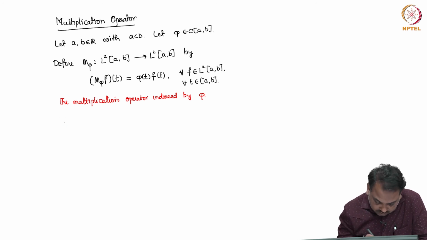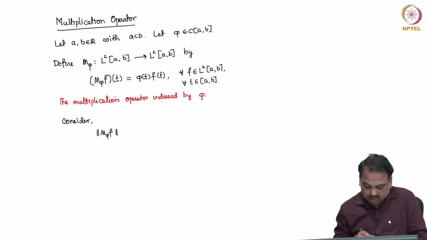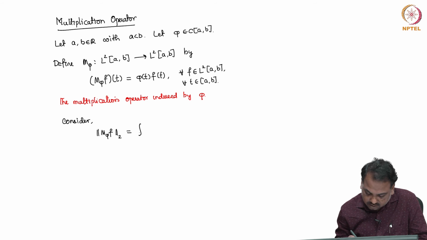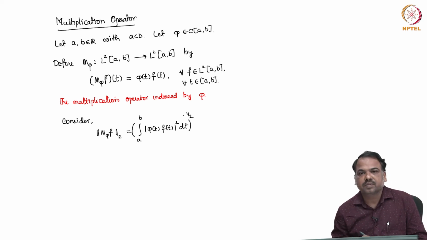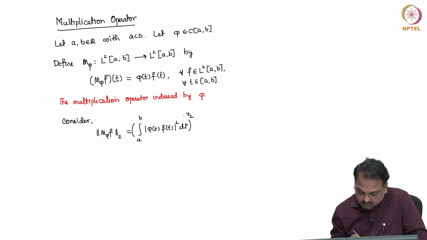To find the norm, we want to consider the norm of M phi acting on f, which is an L2 function. So this is the L2 norm, which is nothing but the integral from a to b of mod phi of t f of t squared dt, whole power 1 by 2, by the definition of the norm.